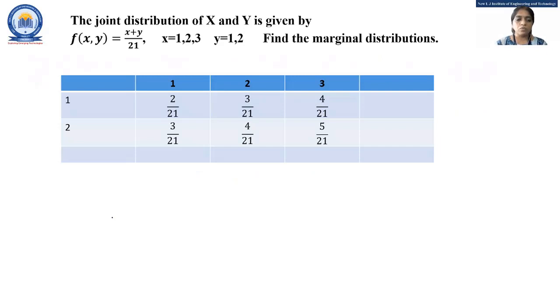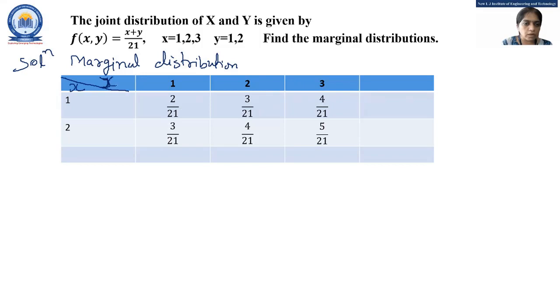Okay. Let's move to one more question for better understanding. The joint distribution of x and y is given by f of xy is equal to x plus y upon 21, where x is 1, 2, 3 and y is equal to 1, 2. Find the marginal distribution. Okay, so here in this table, this one is x is 1, 2, 3 and this one is y.